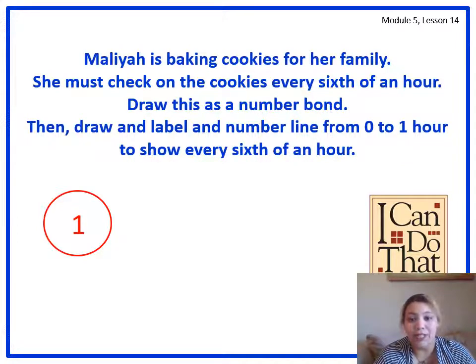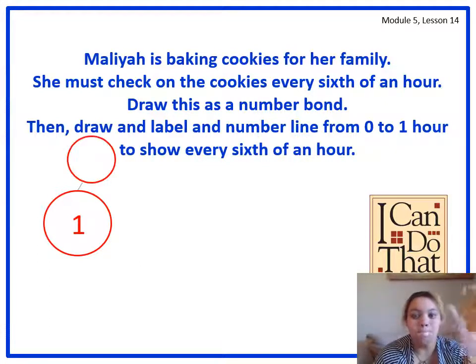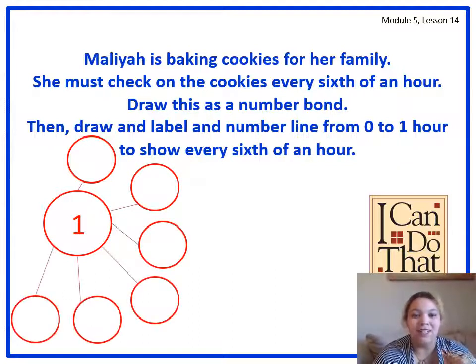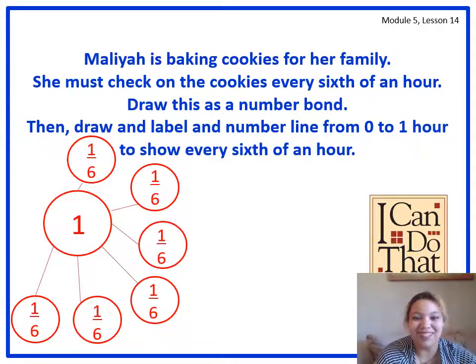It means there's going to be 6 equal parts. 1 part, 2 parts, 3, 4, 5, and 6. Now, if I have 6 equal parts that make one whole, that means each of those equal parts is going to be 1 out of 6, 1/6. Very good.